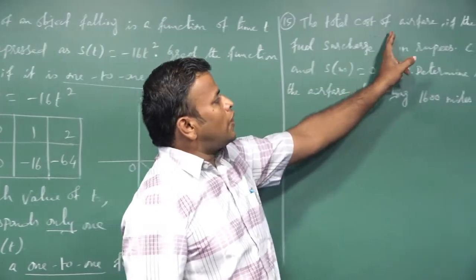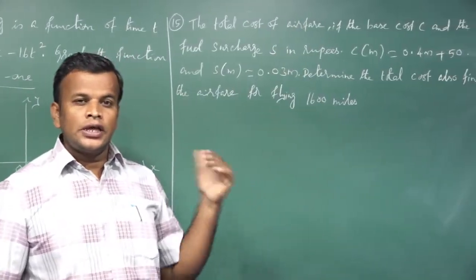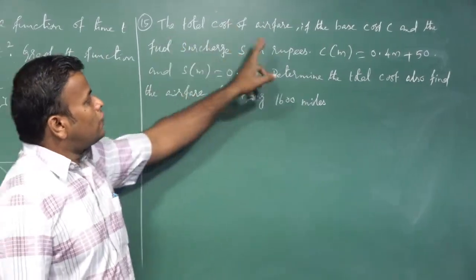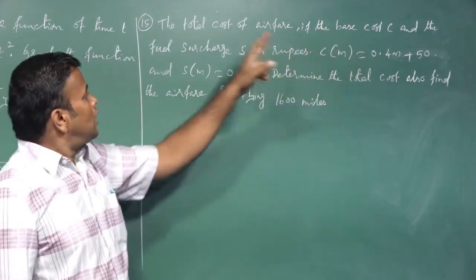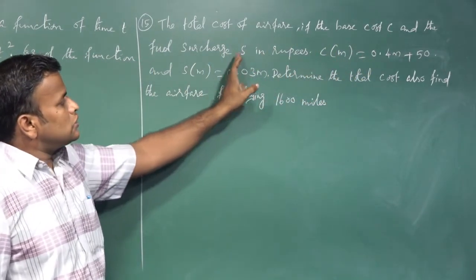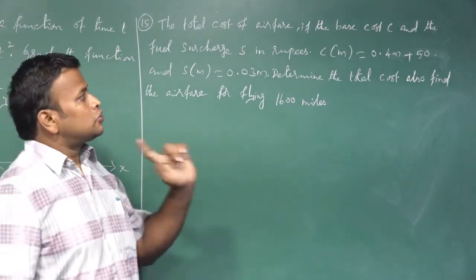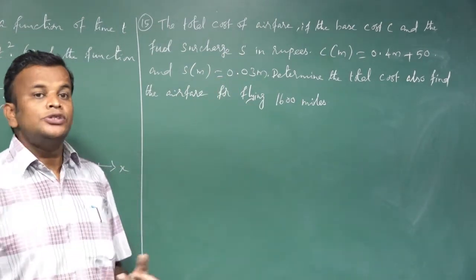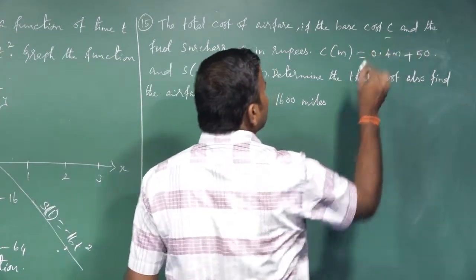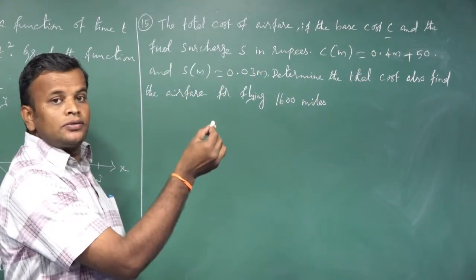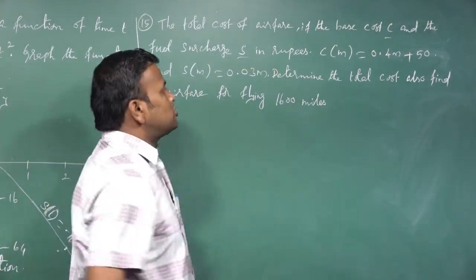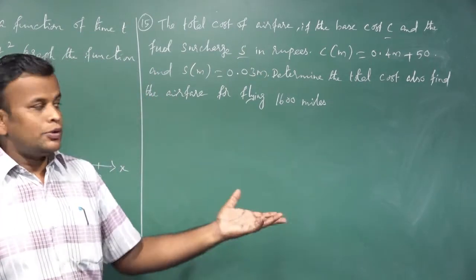The total cost of airfare, that is, in an aeroplane: if the base cost is C and the fuel surcharge is S in rupees, there will be two charges given. The first one is the base cost, whose symbol is C, and the surcharge, whose symbol is S. Both are given in rupees.